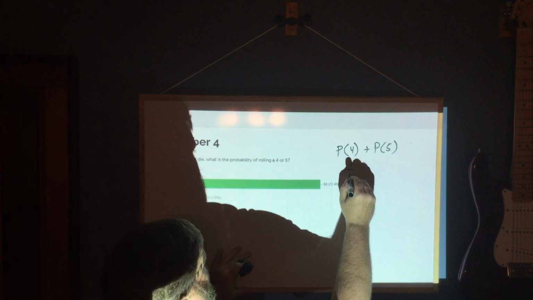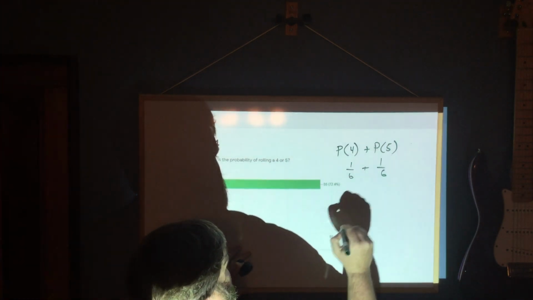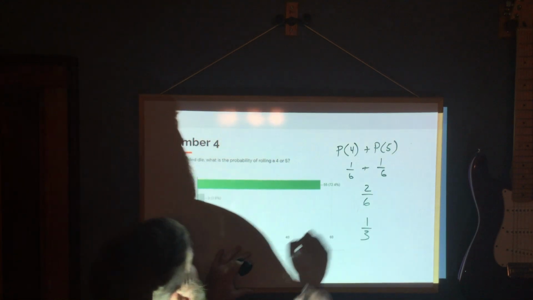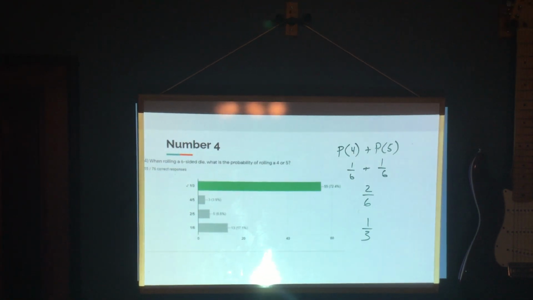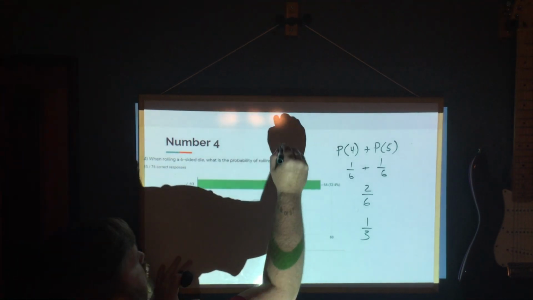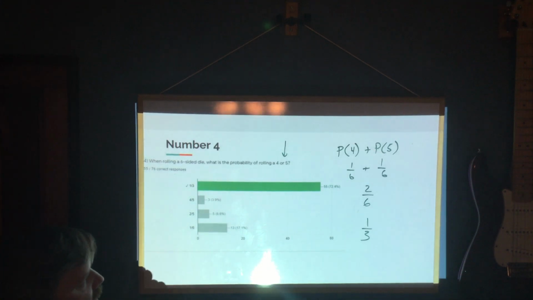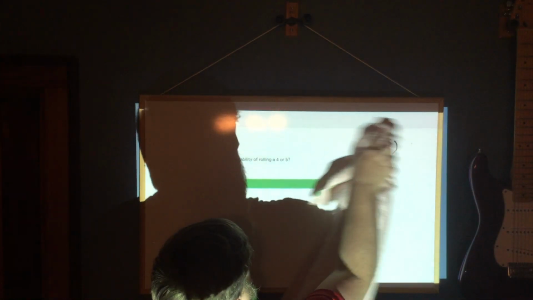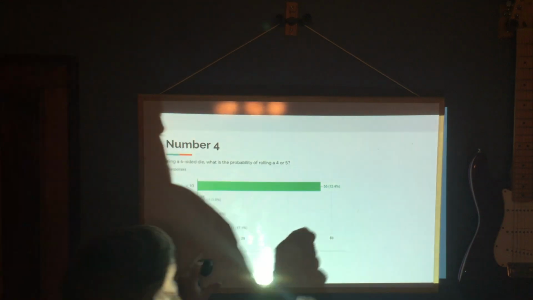The probability of 4 is 1 out of 6 plus 1 out of 6. That's 2 out of 6, which reduces to 1/3. When you see or in probability, you add. Now, if it could happen at the same time, you subtract where it overlaps, but those can't happen at the same time.